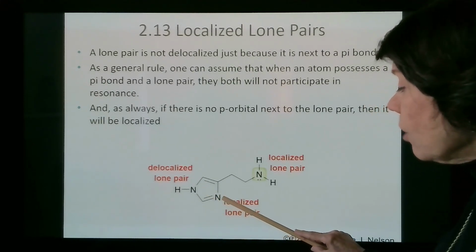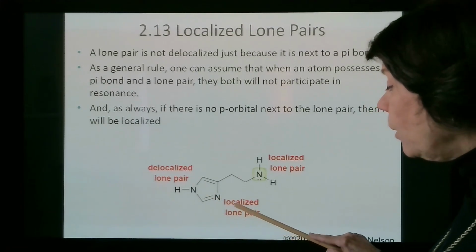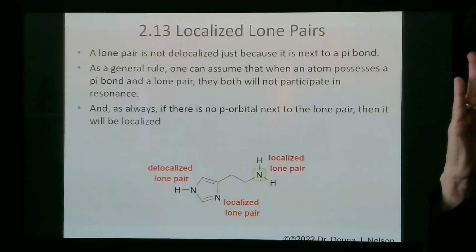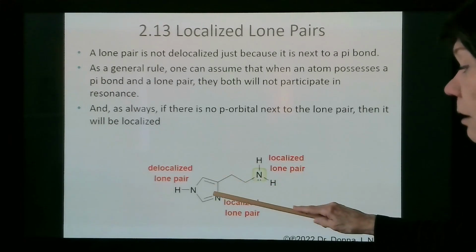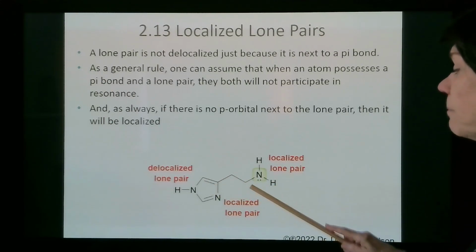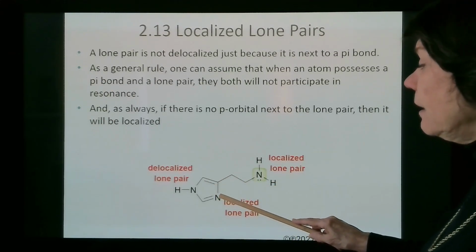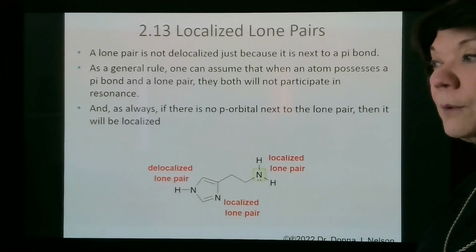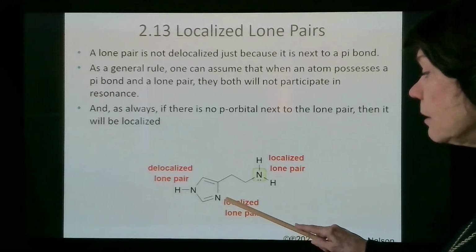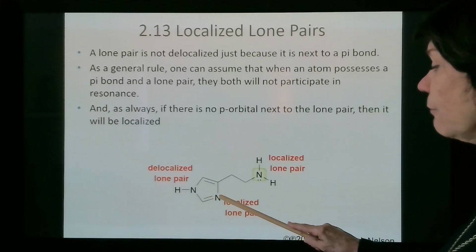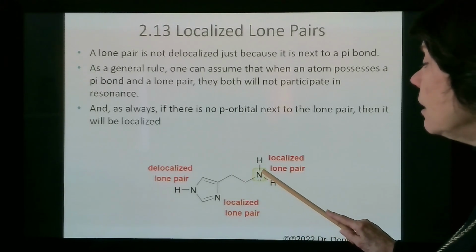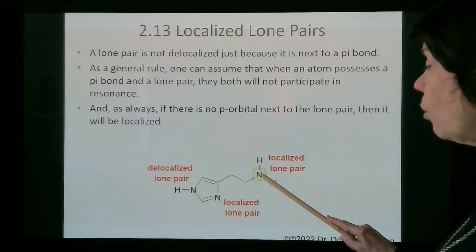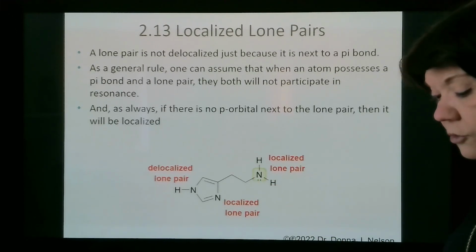The pair of electrons on this nitrogen will lie in the plane of the molecule, the sigma skeleton, and therefore it will be orthogonal to the p orbitals. It will be perpendicular to the p orbitals. It will not be involved with the pi system. Therefore, it will be localized on nitrogen. This one, since it is not next to a pi system or a p orbital, it will also be localized.